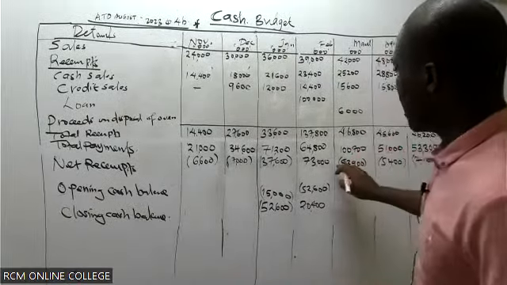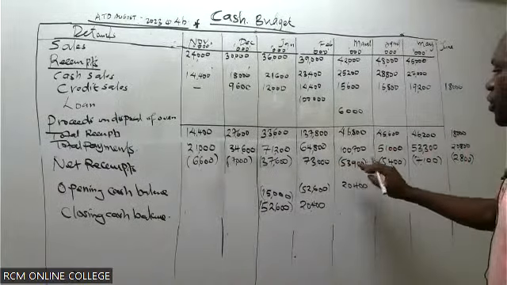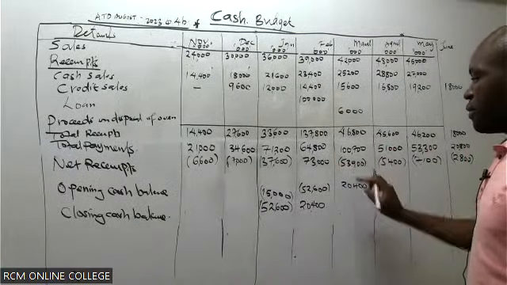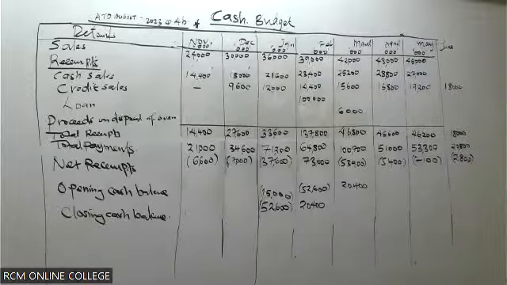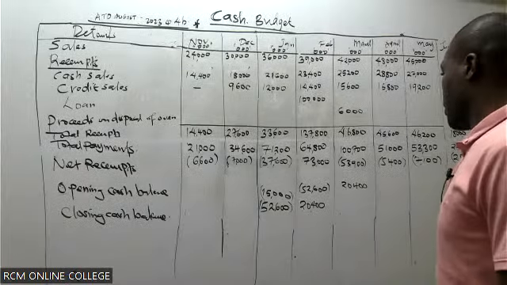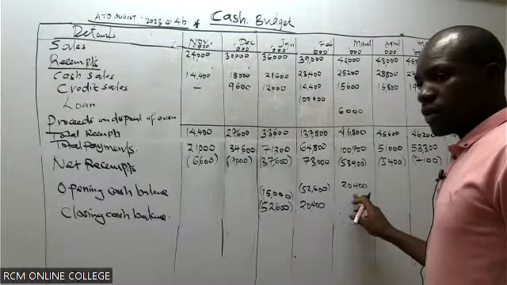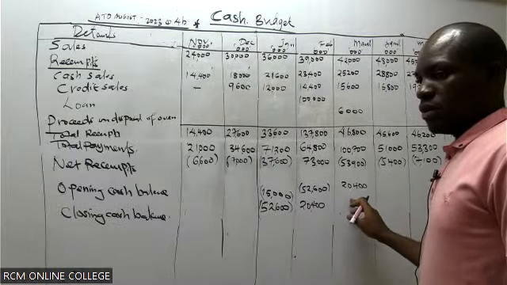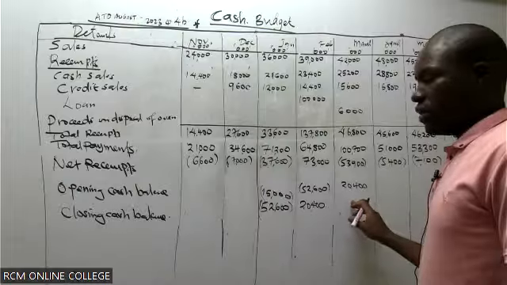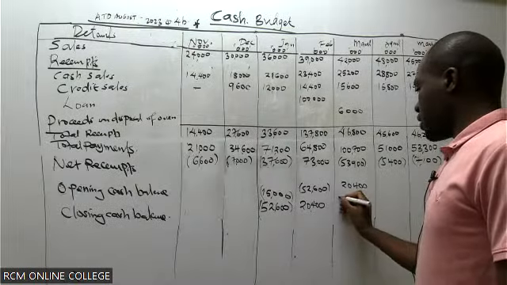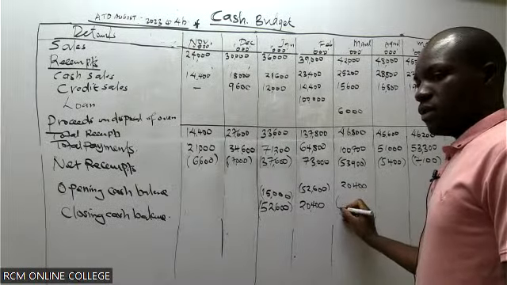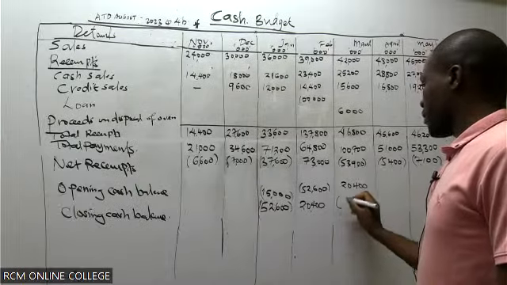Lakini umepata tena net receipts ni negative, so it's going to reduce this negative by how much? Is it 26,100? Is it 26,100 hapa? What is the figure, the value for that negative? 33,500.